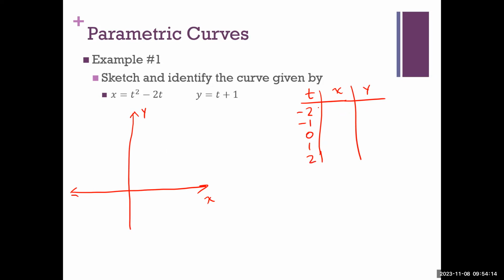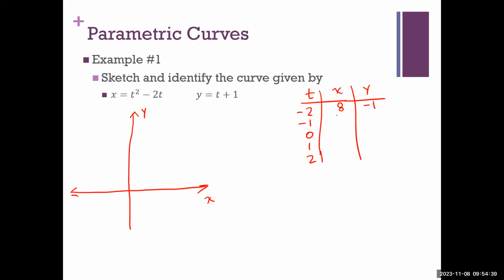So when t is equal to -2, what are the x and y going to be that correspond to it? Is it 8? And how about the y value? -1.